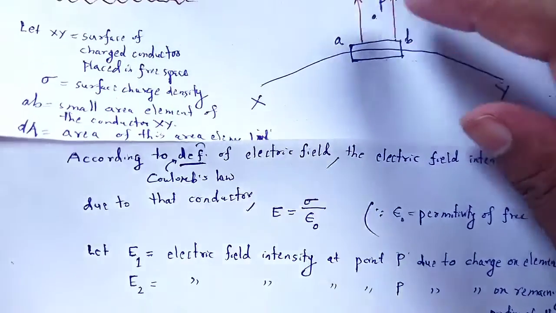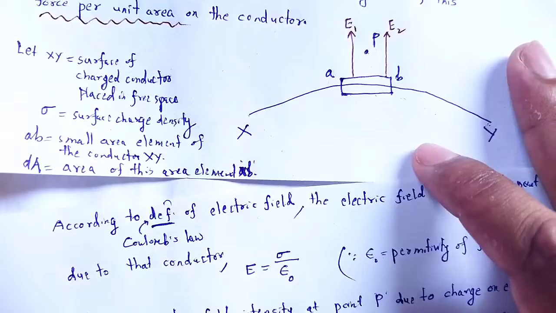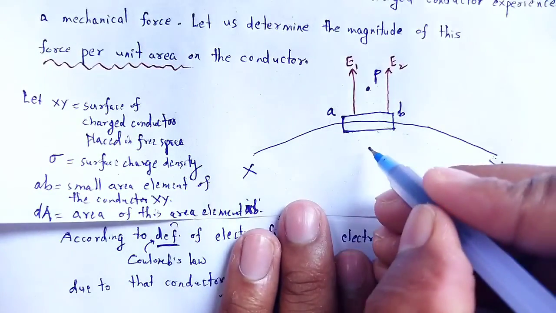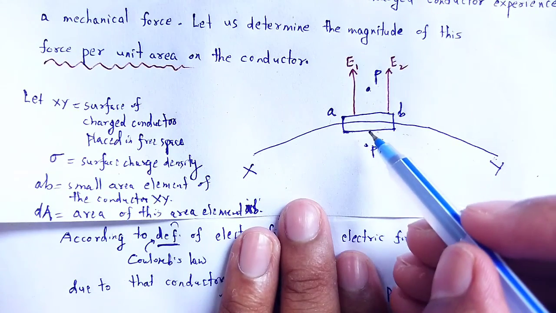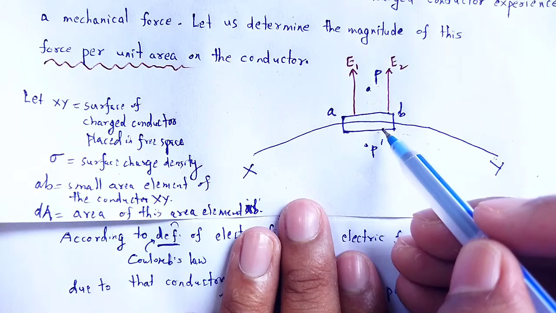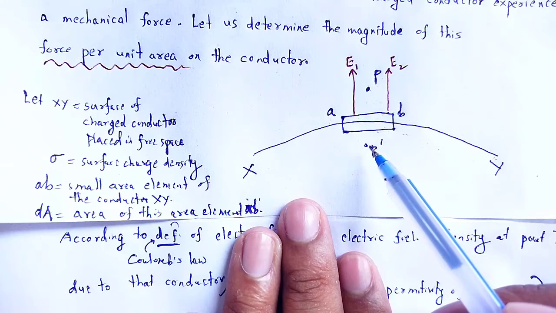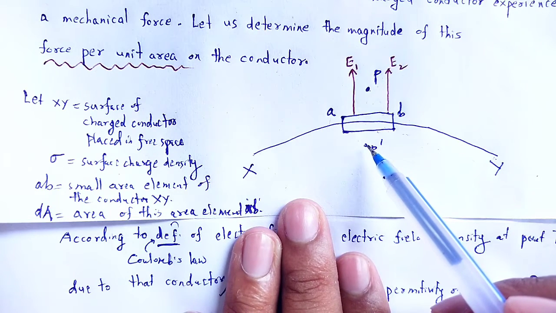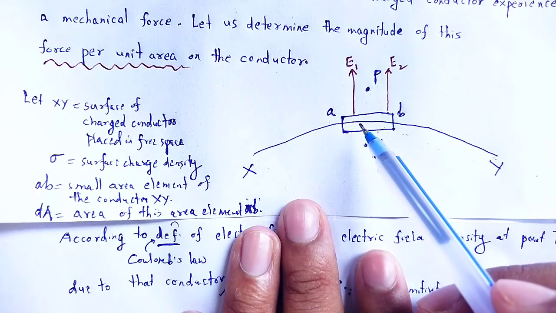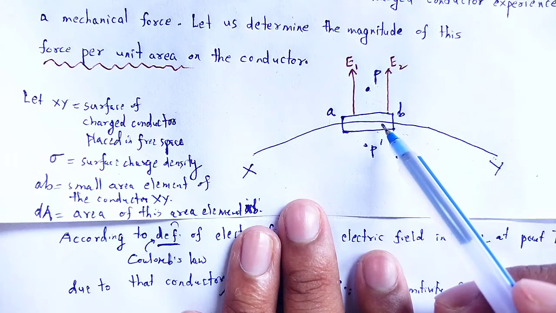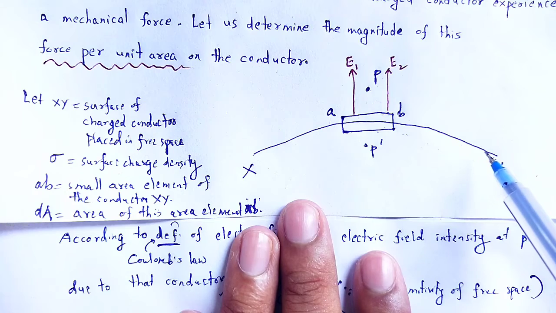Now consider a point P dash just near the element AB inside the conductor. Then the electric field intensity at point P dash can also be assumed partly due to the charge on element AB and partly due to the remaining charge.